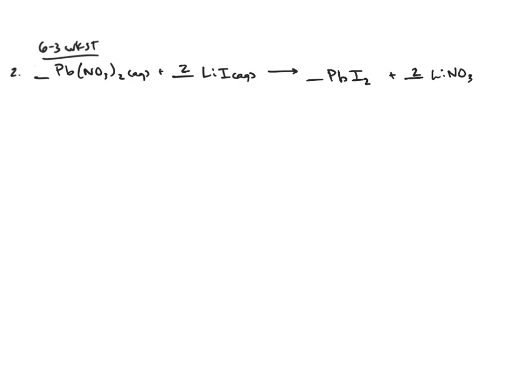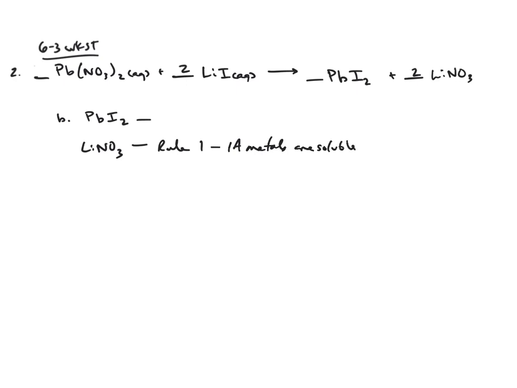So B says, what precipitate forms, if any? So you've got to check the two possible products here. The easy one's the bottom one, actually, because Rule 1 tells you, once again, that all 1A metals are soluble.